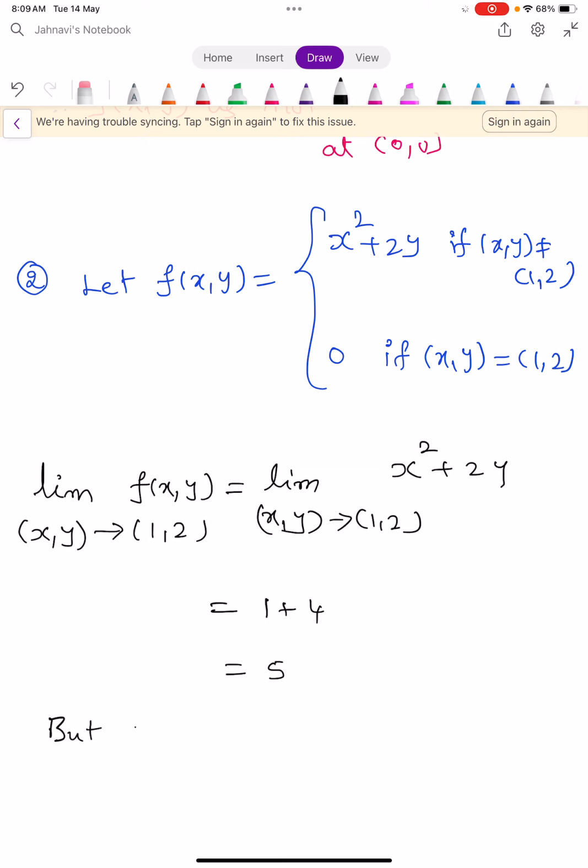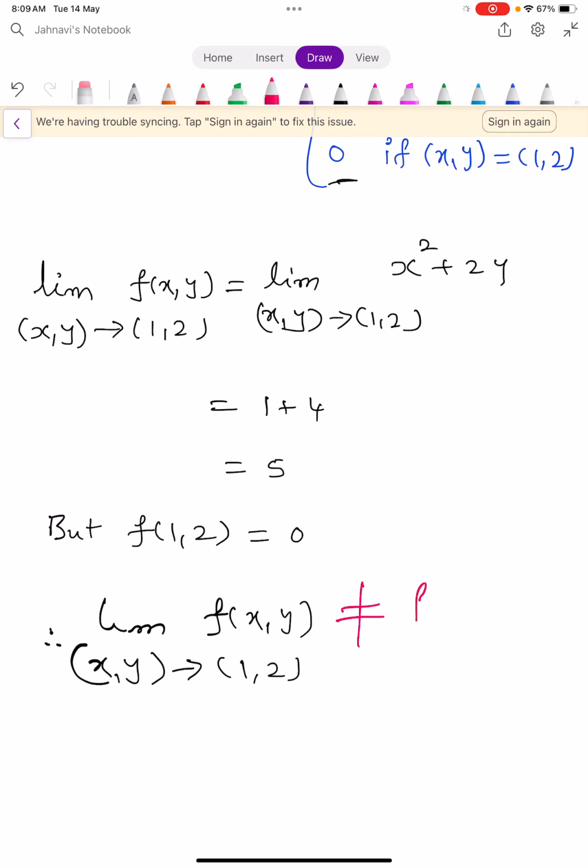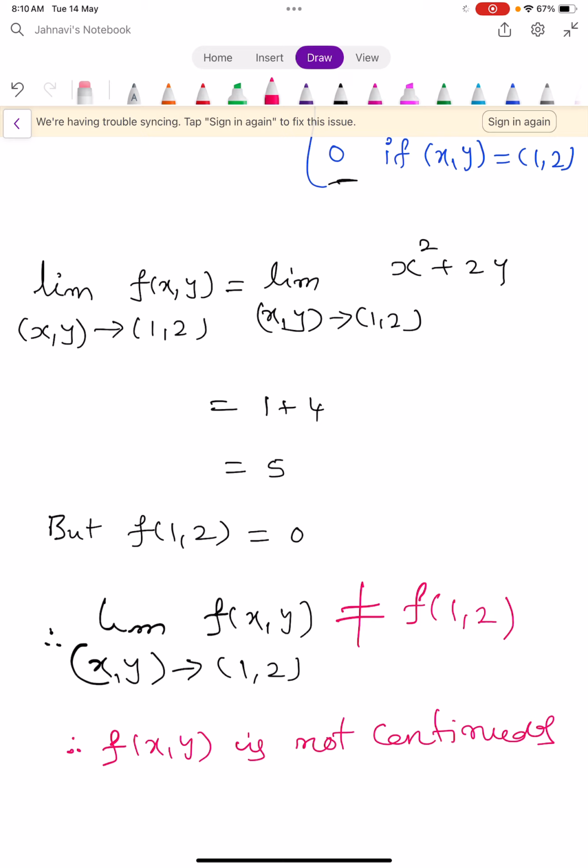But f of 1 comma 2 is, by definition, 0. Therefore we conclude that limit x comma y tends to 1 comma 2 f of x comma y is not equal to f of 1 comma 2. Therefore the function f of x comma y is discontinuous, or not continuous, at 1 comma 2.